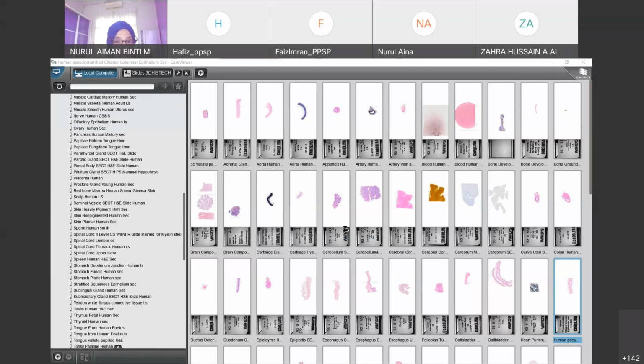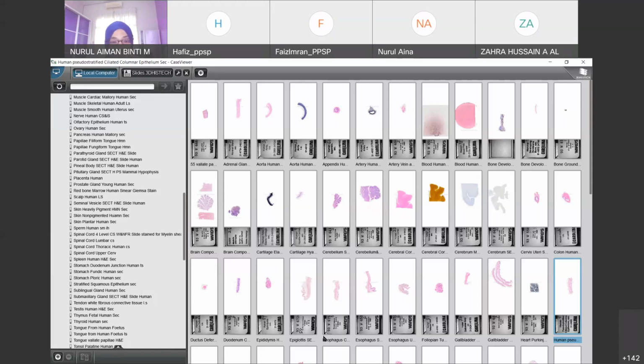Stratified columnar is not much. Where is it? Transitional. We have stratified columnar, but we don't have the... Oh, sorry.